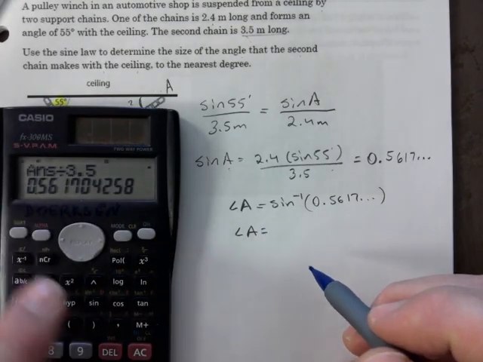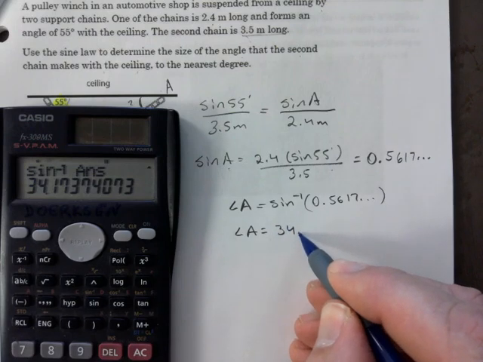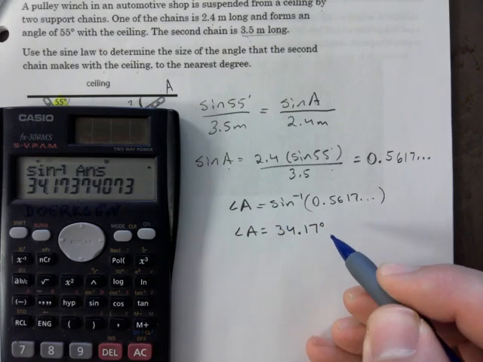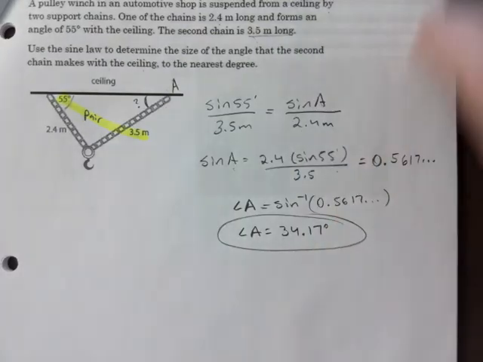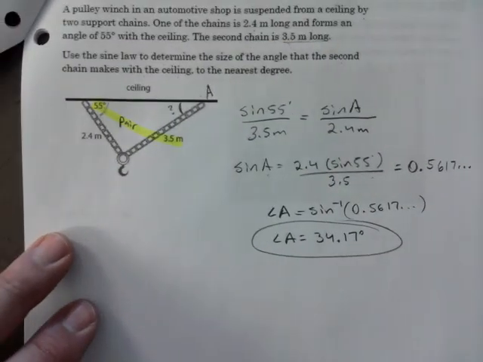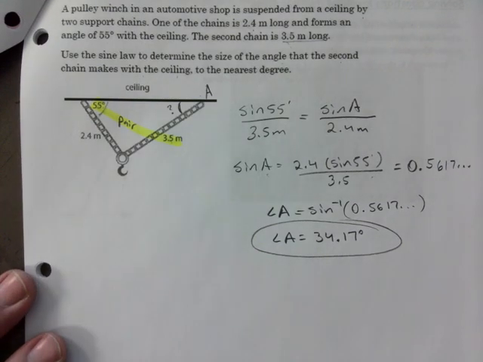And now you go shift sine, equals 34.17 degrees. I won't say this is always easy, but I think if you practice, you can do well in this unit.